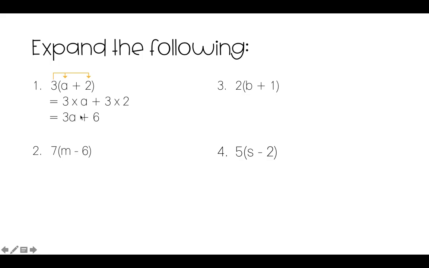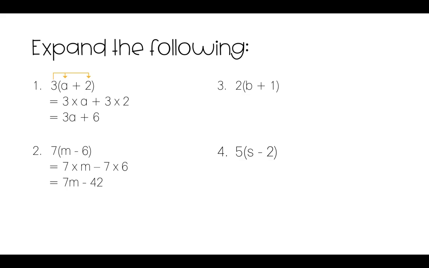So we end up with 3a plus 6, because we know that 3 times 2 equals 6. Now 7 brackets m minus 6, we write it as 7 times m, and then we subtract, because there's a subtraction here. So take away 7 times 6. So what we end up with is 7m, take away 42. So pause it here, do the next 2 on your own, and then come back.